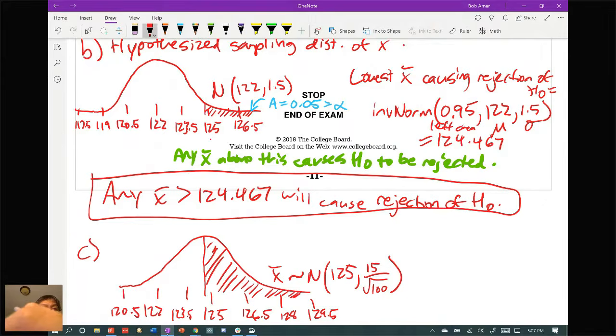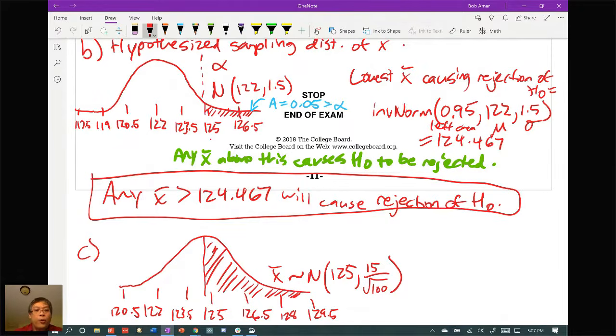What I want to do is show you a number here. To the right of this is alpha. If we're talking about making a type 2 error, that means we fail to reject the null hypothesis when the null hypothesis is false.